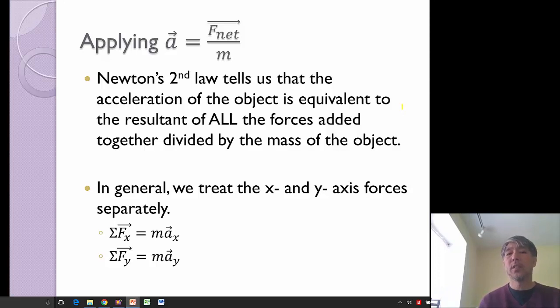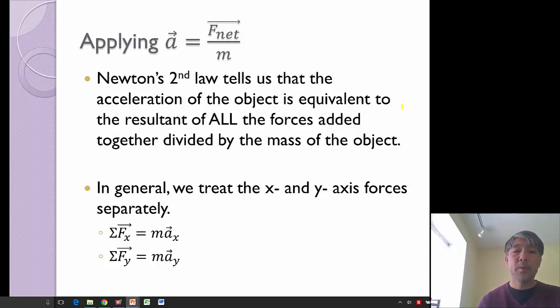Now applying Newton's second law, or a is equal to F net divided by mass. Newton's second law tells us that the acceleration of the object is equivalent to the resultant of all the forces added together divided by the mass of the object. In general, we will treat the x and y forces separately. So I can add up all the x forces to find my acceleration in the x, and add up all my y forces to find my acceleration in the y.